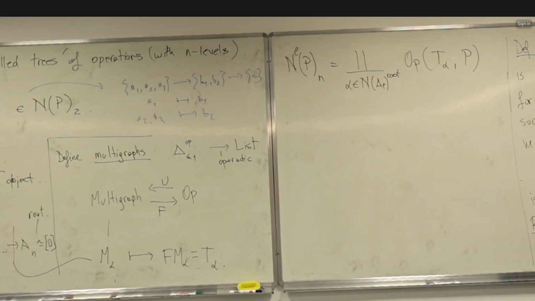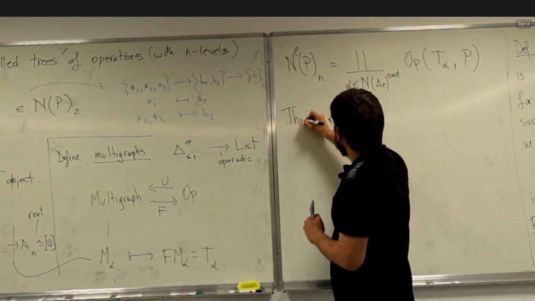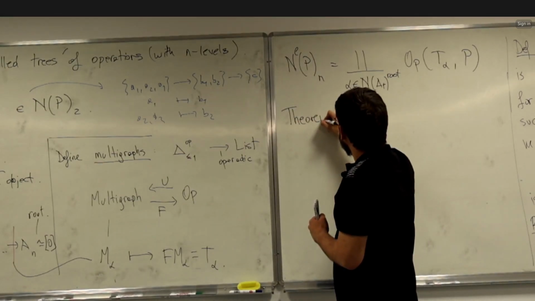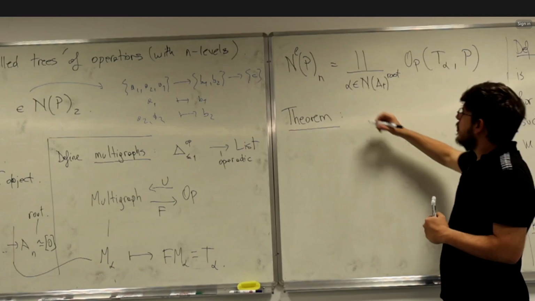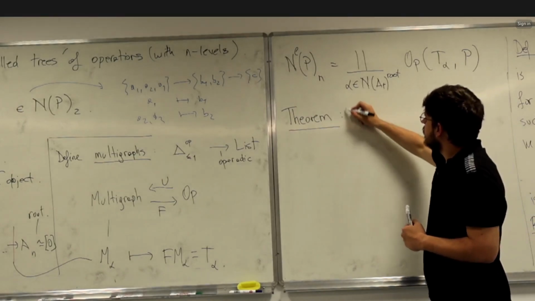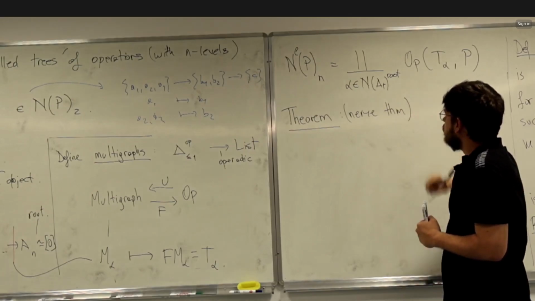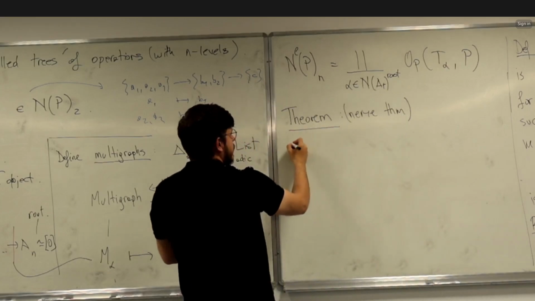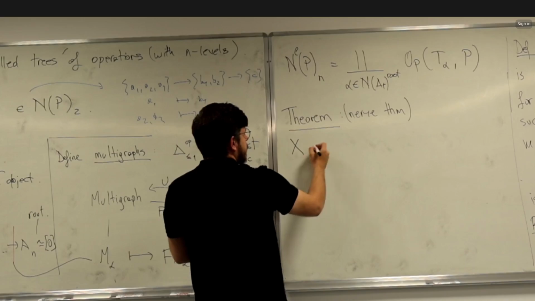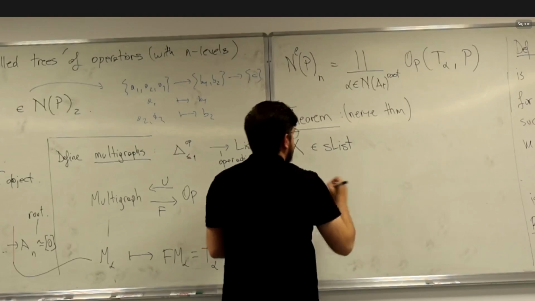Right, so we have this combinatorial construction, and I will just state a theorem. The last two sentences I write. So this is a nerve theorem. Let X be a simplicial list.